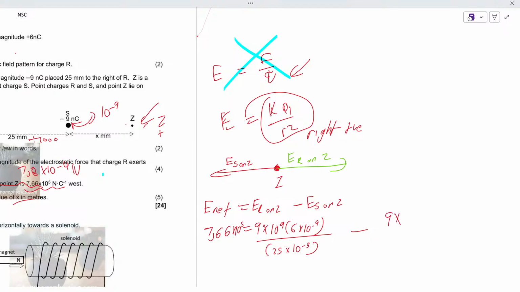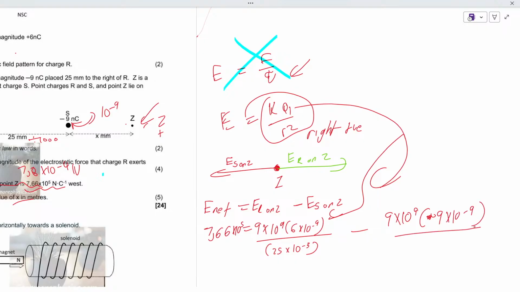Then on this side, S on Z, we substitute into this very same formula: 9 times 10 to the power 9 into the negative 9. We don't put a sign because we put the sign in the direction here. Then we say times 10 to the power negative 9 over the distance, which is x. But you must remember we are looking for our distance in meters or millimeters.